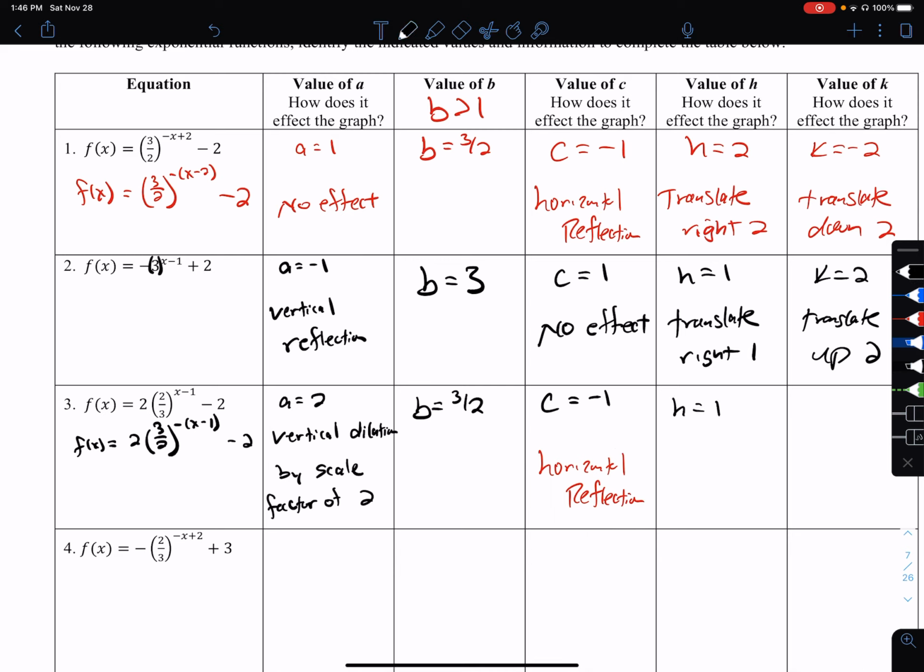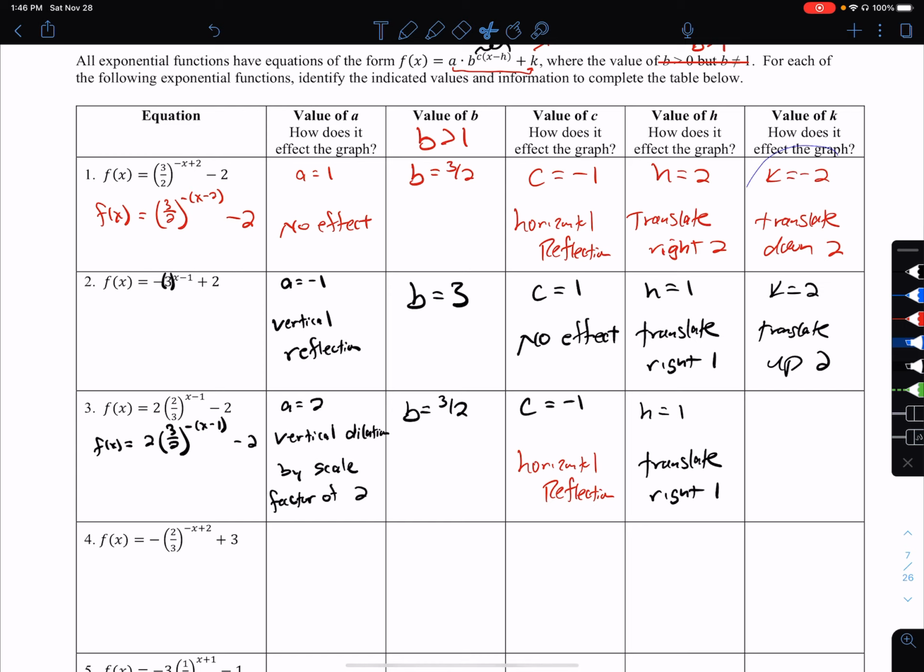H is a 1. It's going to translate the graph right 1. And K is a negative 2. That is going to cause the graph to be translated down 2 units.